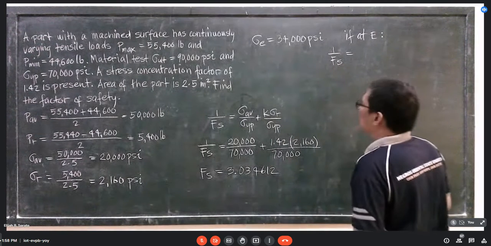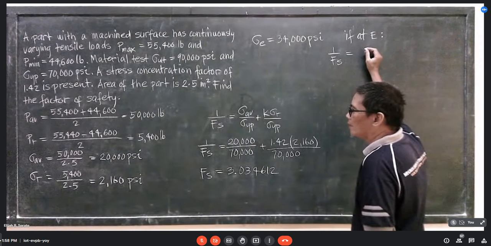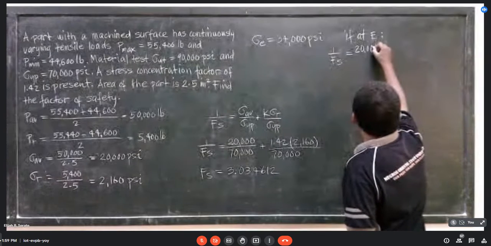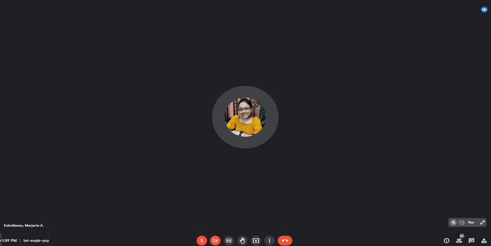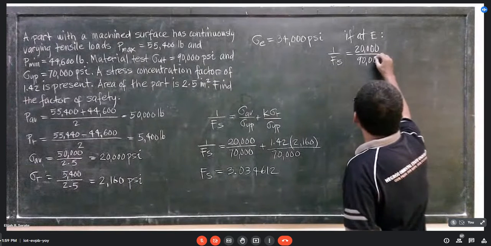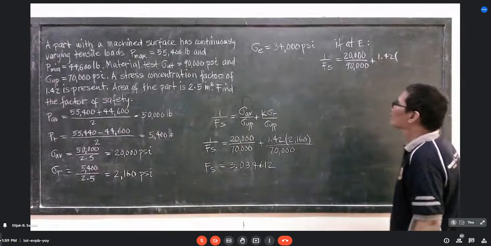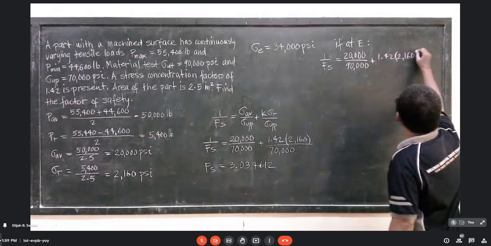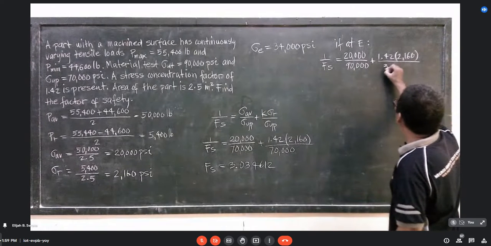Average over what is the value? 20,000 over 90,000. Average over ultimate plus 1.42 times range 2,160 over the 34, that is the endurance.